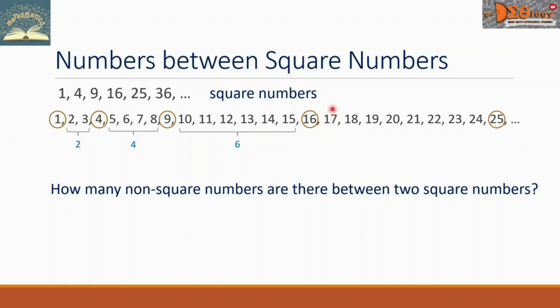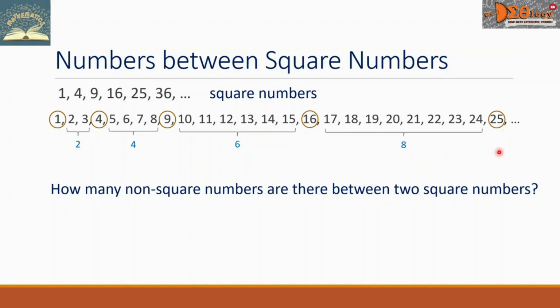The numbers are 17, 18, 19, 20, 21, 22, 23, 24. That is 1, 2, 3, 4, 5, 6, 7, 8. So there are 8 numbers between 16 and 25.